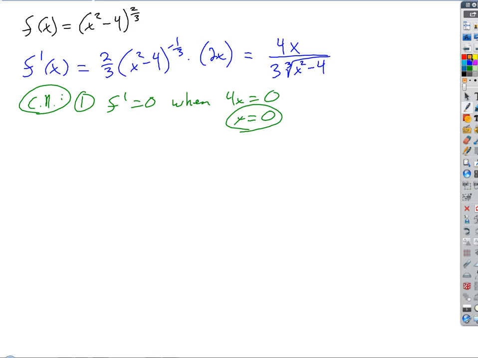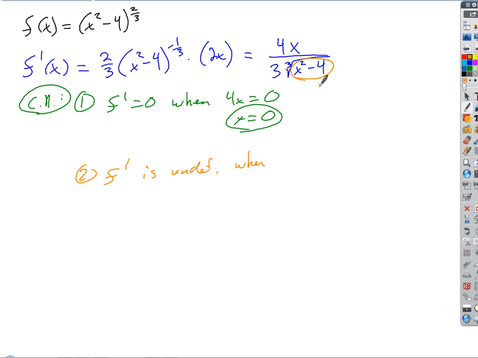So we could make the statement here: f prime is undefined when that equals 0, right? That's the part we're concerned about. Does that make sense? So we don't have to set the entire bottom equal to 0.